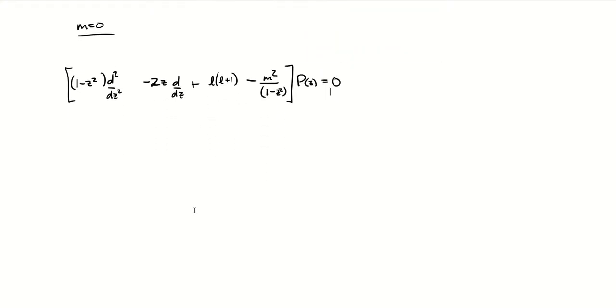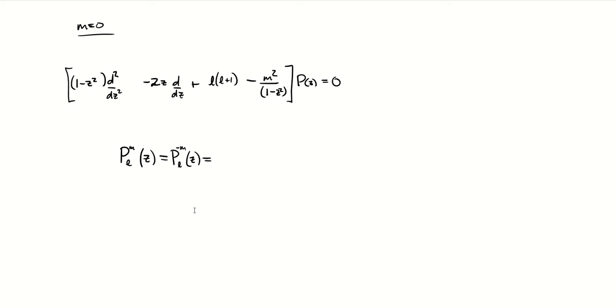Turns out this is a pretty complicated thing to solve. You do another series solution. We're not going to go through all that. The gist is the solutions to this are the associated Legendre functions, and they can actually be derived from the Legendre functions. It turns out it doesn't matter if m is positive or negative, so we're just going to leave it as positive and note that these two are equal.